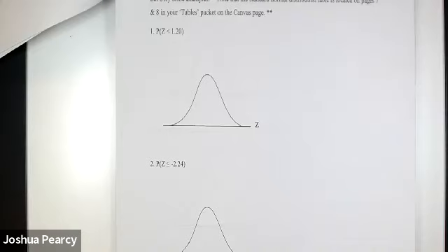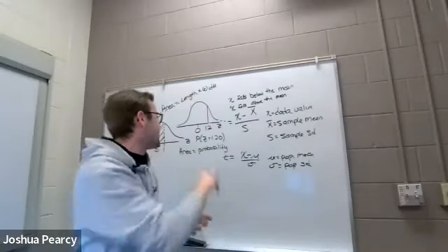Now, remember that the area is the probability in this case under the curve. And area for a rectangle is equal to length times width. Yes, sorry. Gosh, that is the one bad part about Zoom. I forget about half the time. There you go.